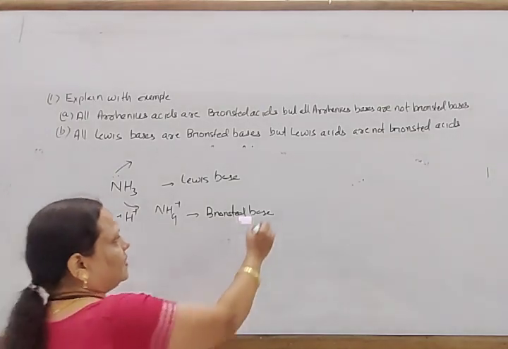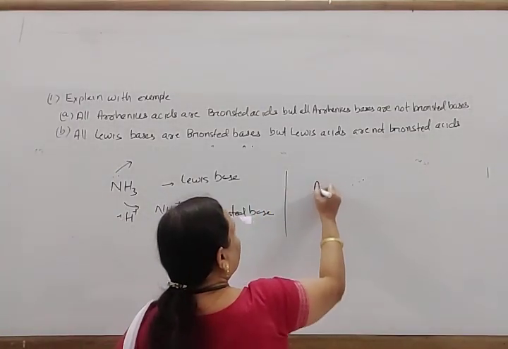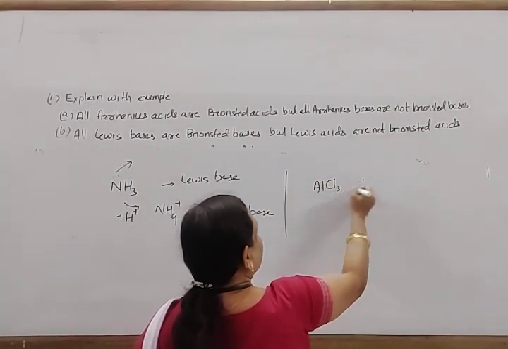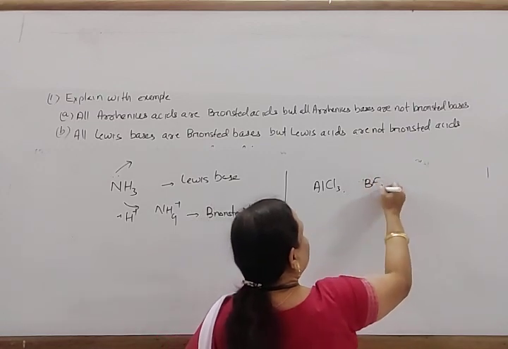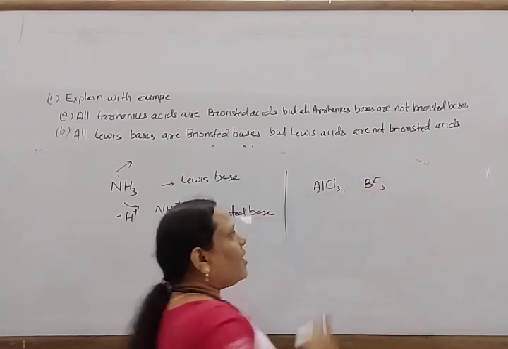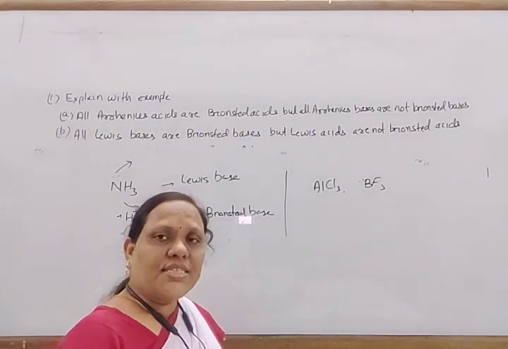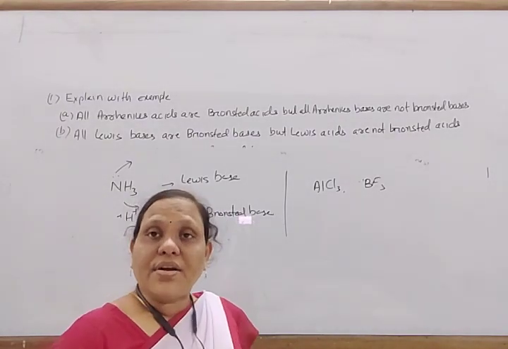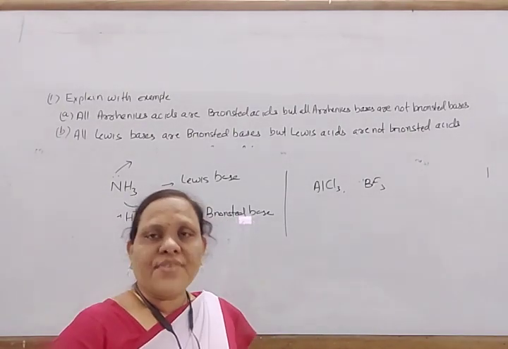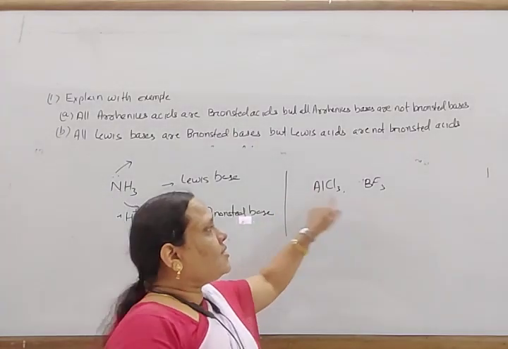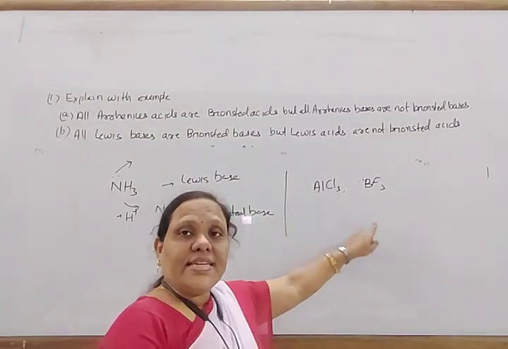But look at the Lewis acids. Suppose you consider AlCl3 or BF3, etc. These are electron deficient. These are Lewis acids, but they cannot give H plus ion. Hence, these are not Bronsted acids.